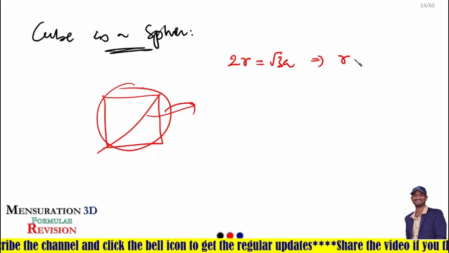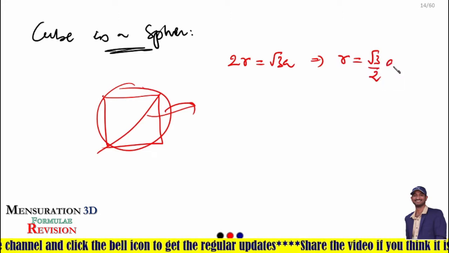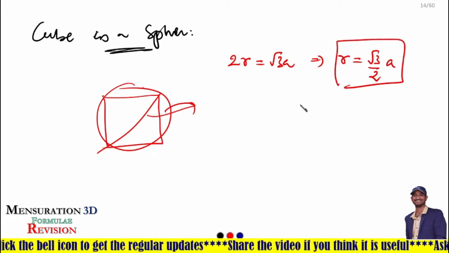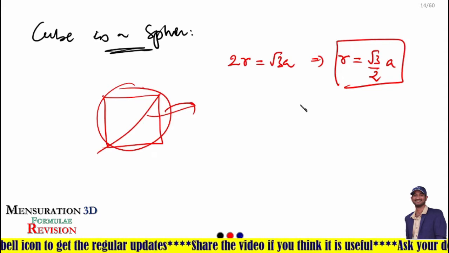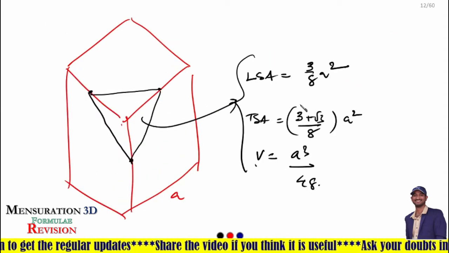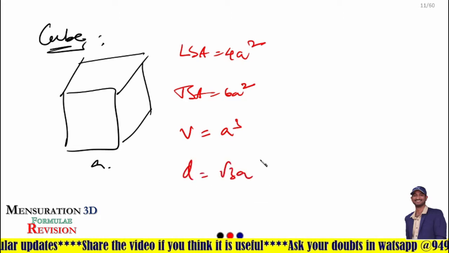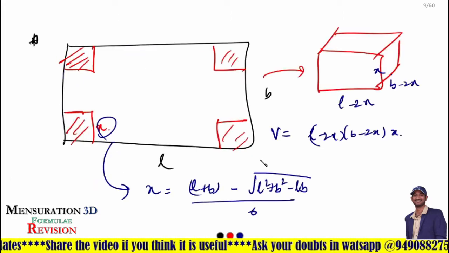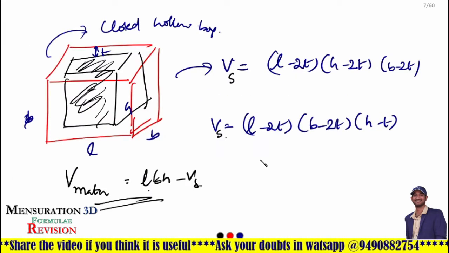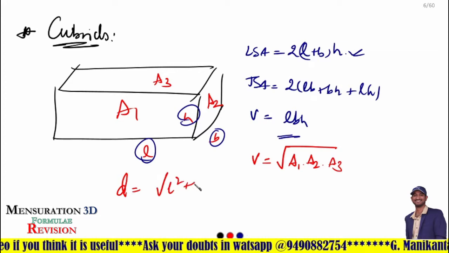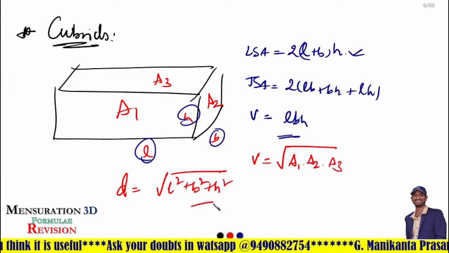So what is the radius of the sphere? It is equal to root 3 by 2 times a. Okay, I forgot to tell you one thing in a cube: the diagonal of the cube is equal to root 3 a, and in a cuboid also, the diagonal of the cuboid is the square root of l square plus b square plus h square.